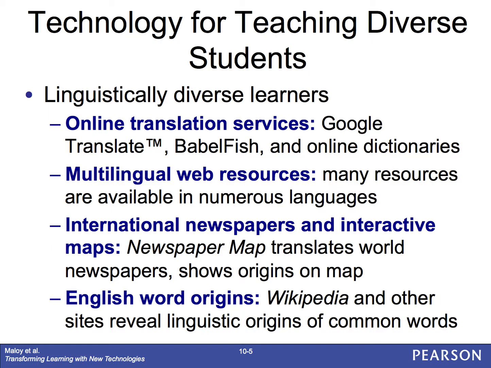It's really easy to learn a new language nowadays via the internet. International newspapers and maps are available online, and then word origins. You can find word origins on Wikipedia and other sites. So if you want to find out where the word sticky wicket came from, you would look that up on Wikipedia and word origins.